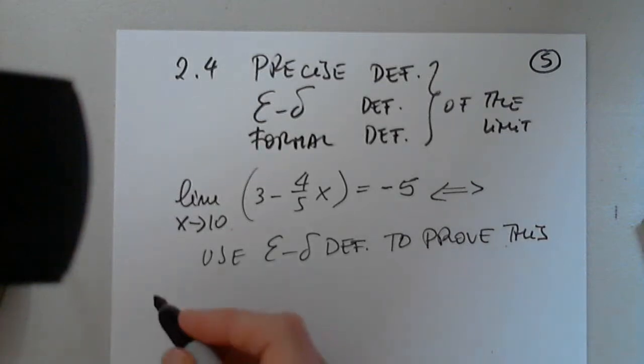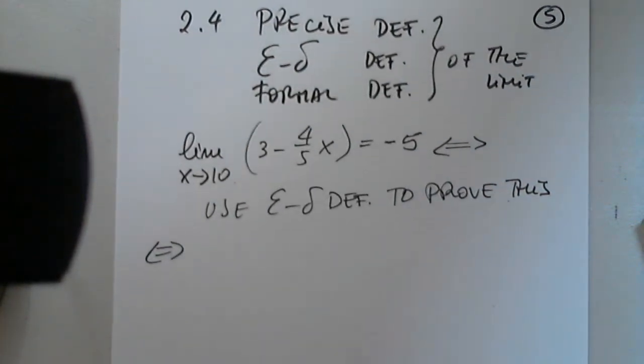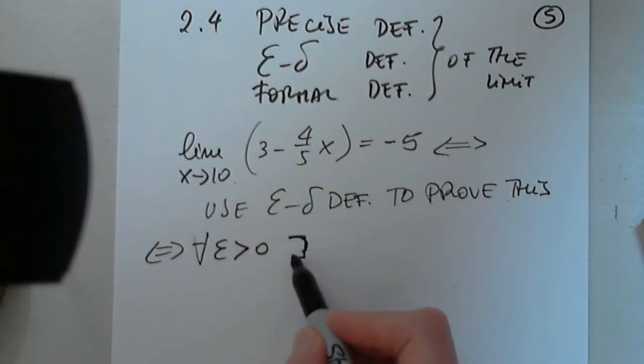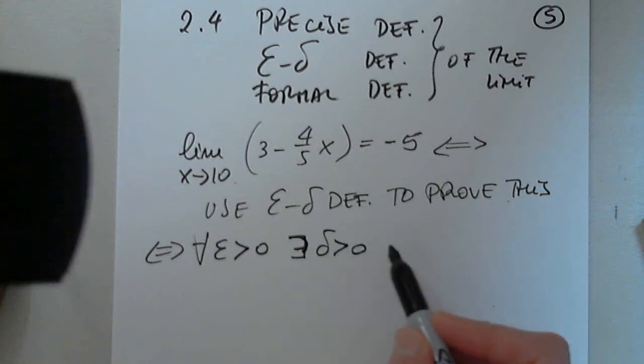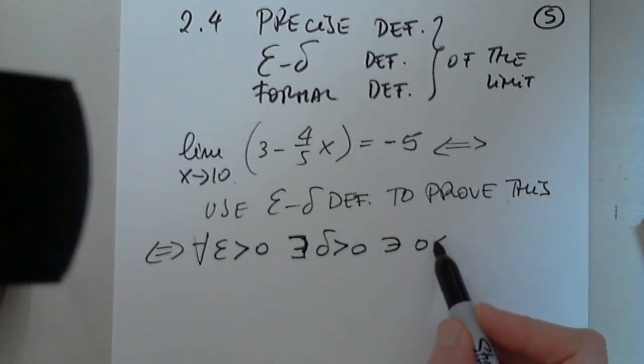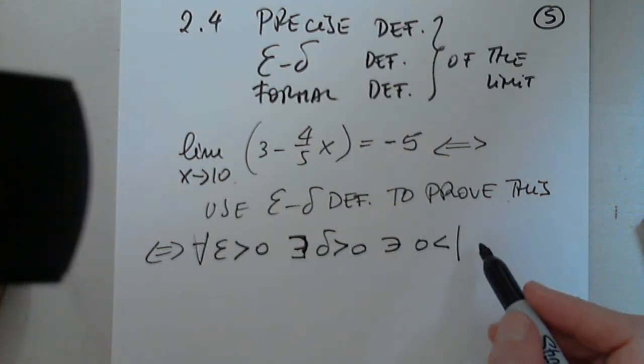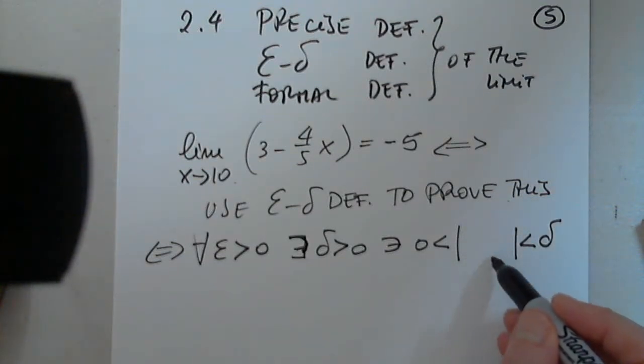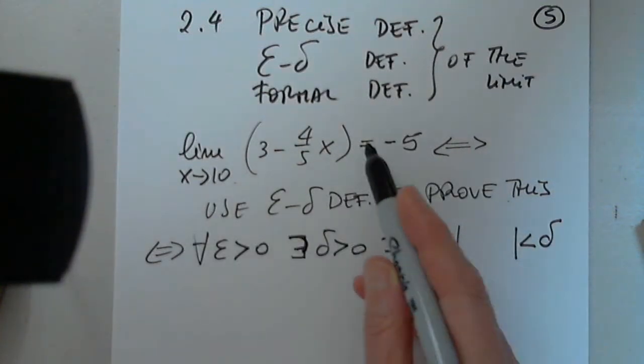Good. And we continue. For every epsilon positive, there exists a delta positive such that 0 less than, I need x minus a less than delta. Can anyone give us x minus a here for our example?